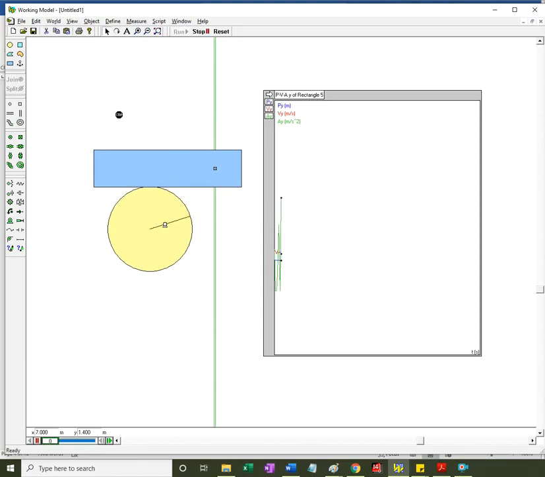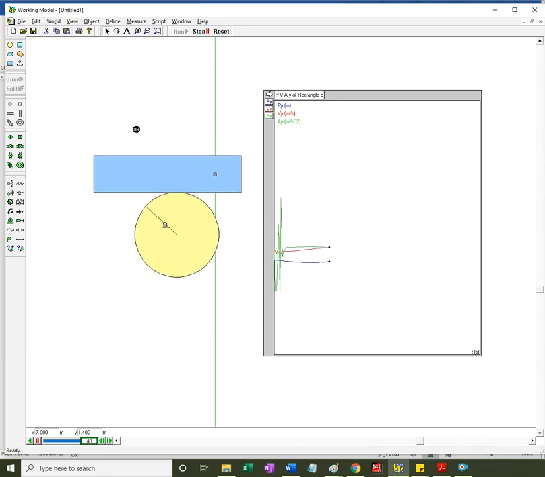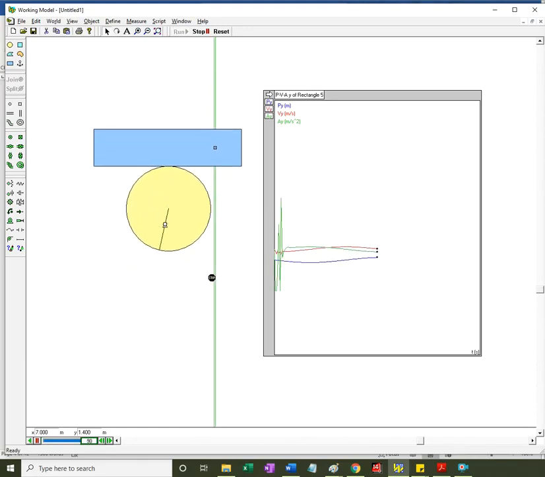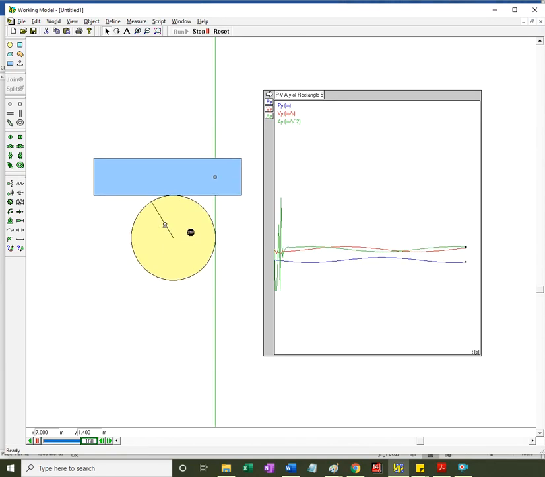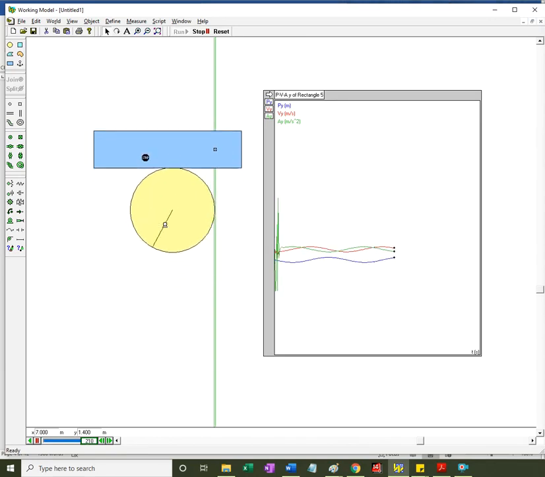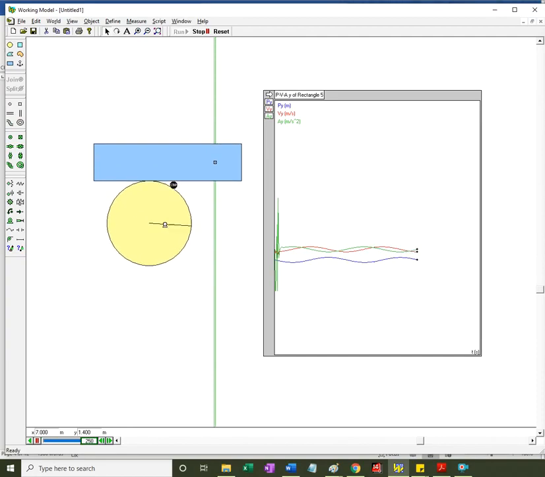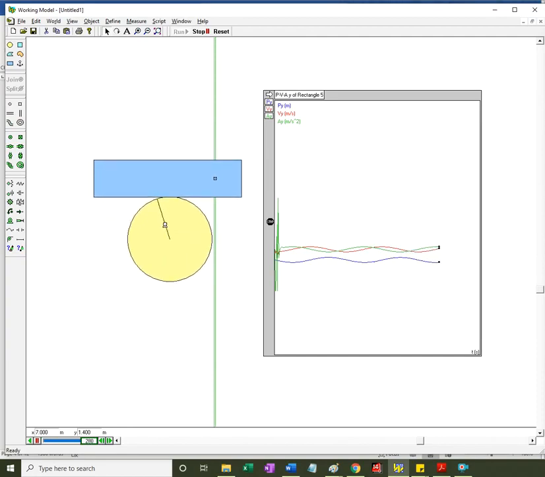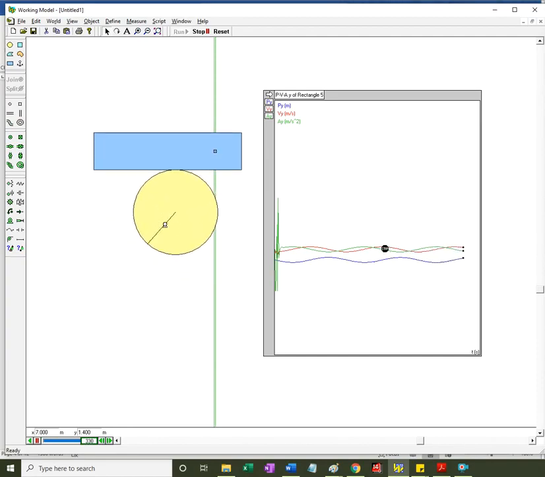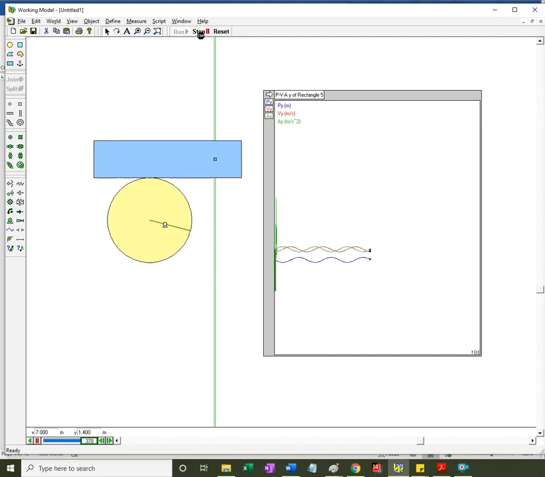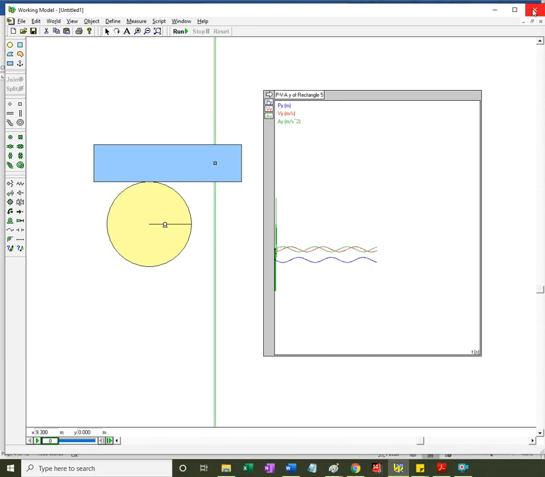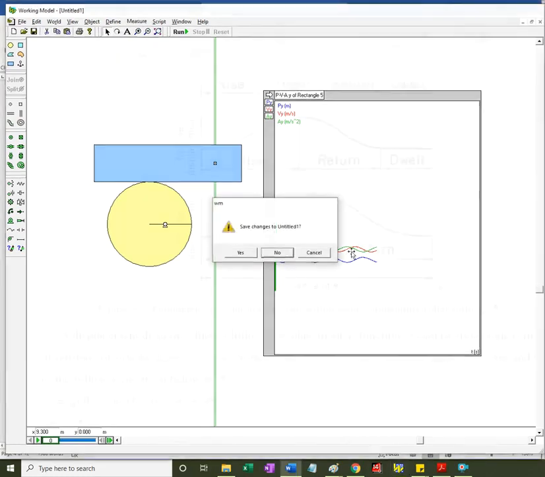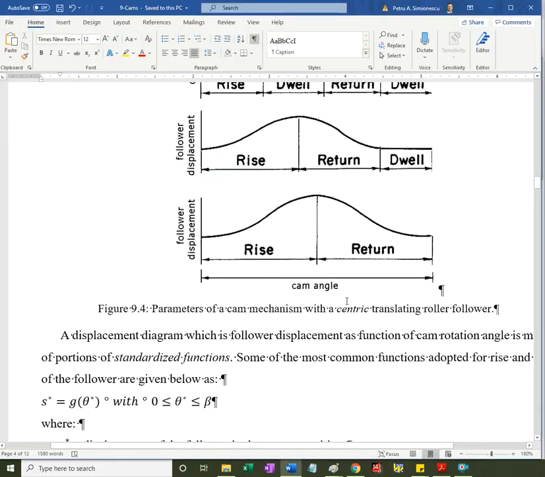Let's see if it behaves a little bit better. No, not really. It's probably because at the start the velocity of the follower does not match the actual velocity. But past the transient, you have smooth continuous motion. Long story short, this is an example of a cam follower mechanism with no dwell, just rise and return.